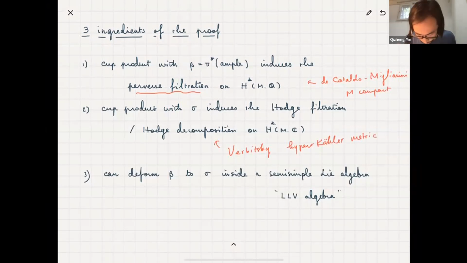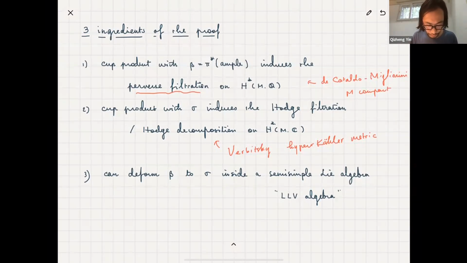This result is proved by using the hyperkähler metric, and you have to represent the cohomology by harmonic forms, and you do some manipulations with the harmonic forms to arrive at this. So this result is highly dependent on the hyperkähler metric.